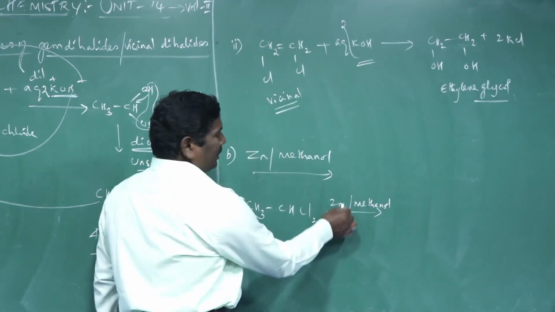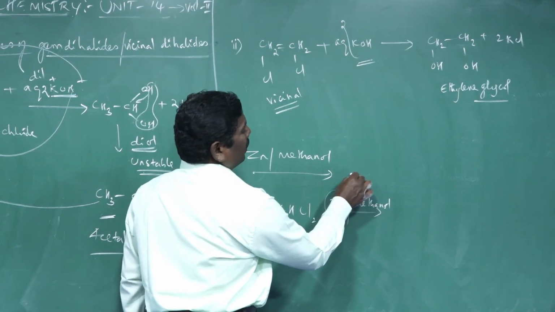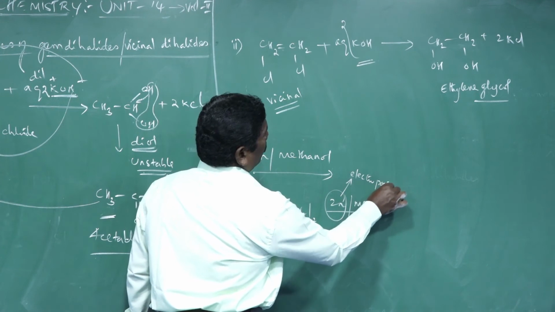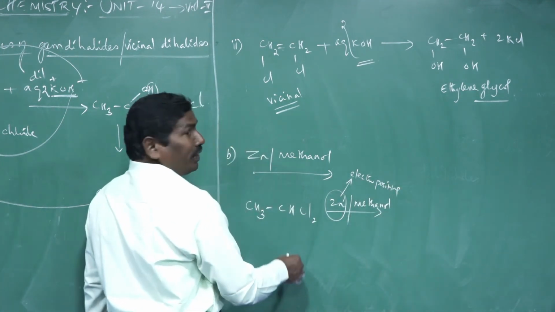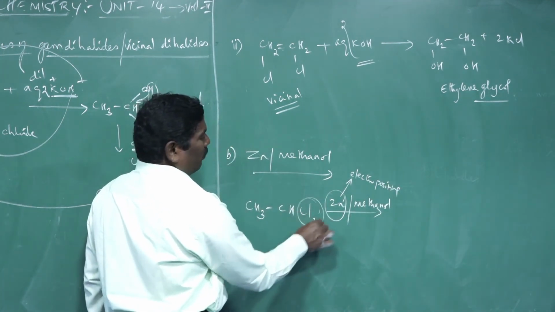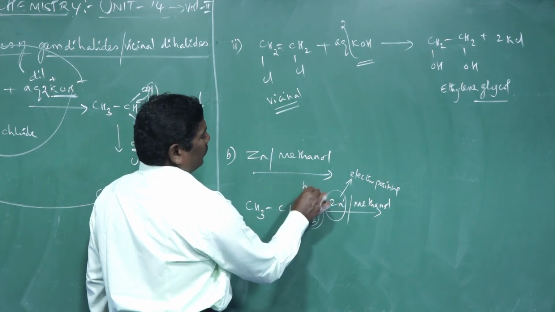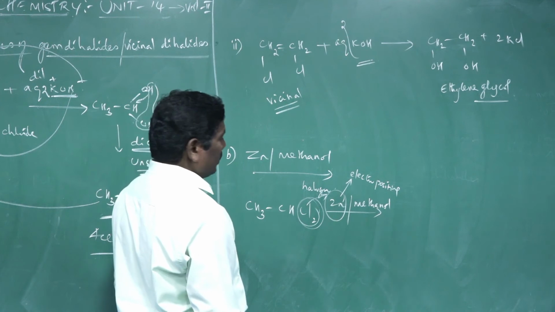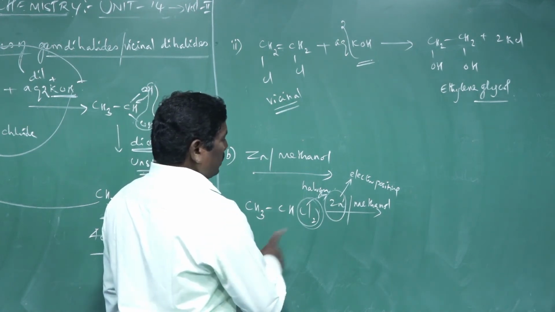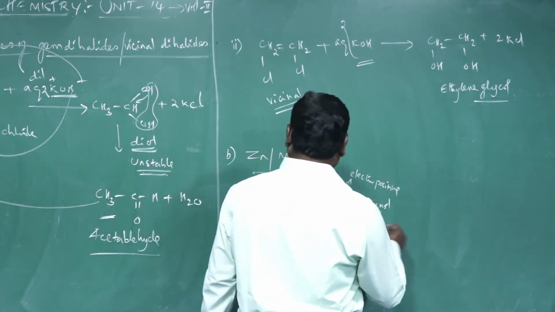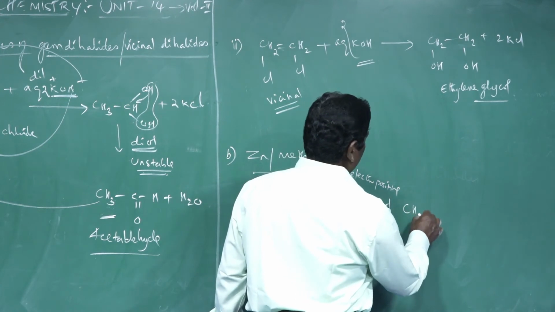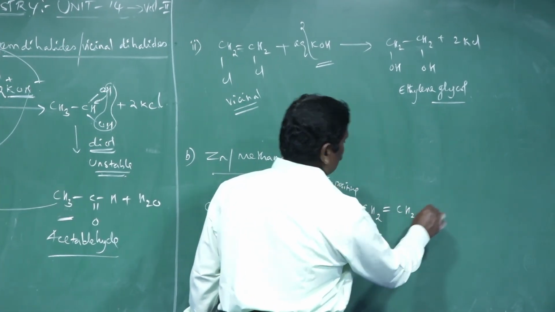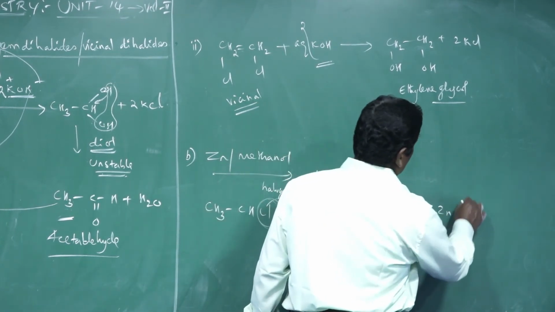What happened here? The zinc is highly electropositive, so it can abstract the halogens. The product which is formed, we can write, is CH2=CH2, plus ZnCl2 will be formed.